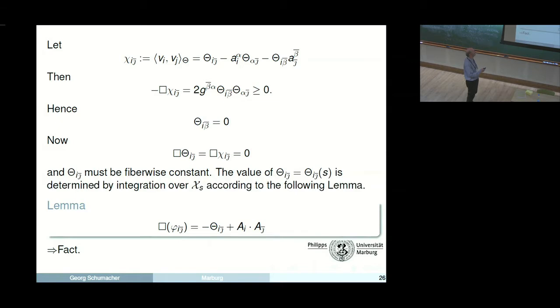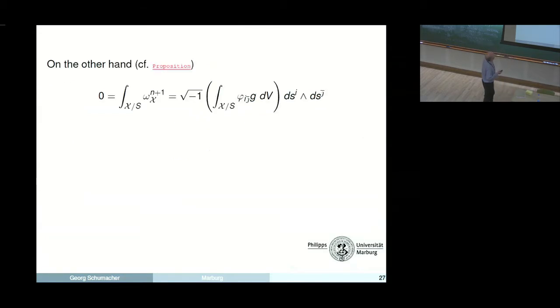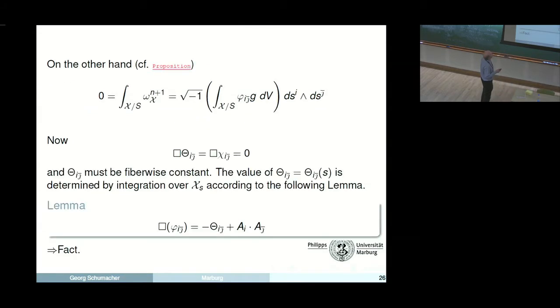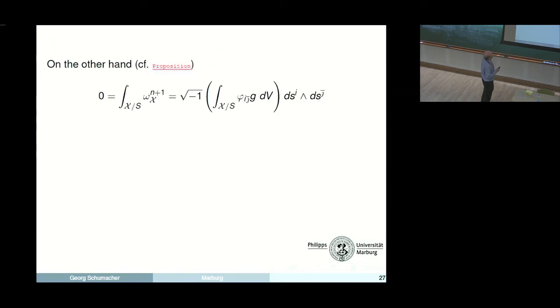And of course, from here, we know this fact, but we are now looking at the following thing. On the other hand, we know from the normalization that omega x to the n plus first power, this fiber integral was normalized 0.